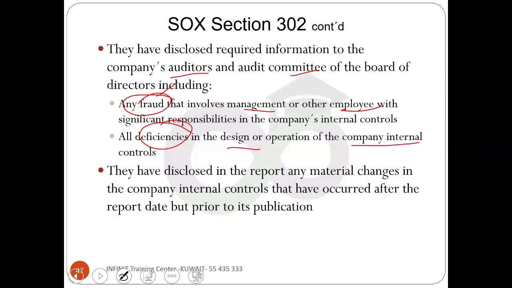So if any discrepancy is there, they have to disclose it in the report. Any fraudulent activities that happen in the organization, or any deficiency in the internal control, all this should be reported.